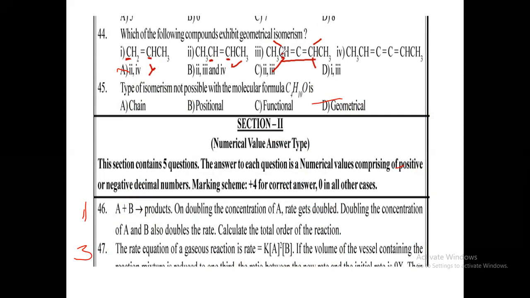On the 2 terminal double bonded carbons, 2 different groups are there now. So in polyenes, when 2 different groups are attached on the terminal carbon atoms, they will show geometrical isomerism. So structure 3 also, is it able or not able to show here? Here it has a double bond on both sides in this case.